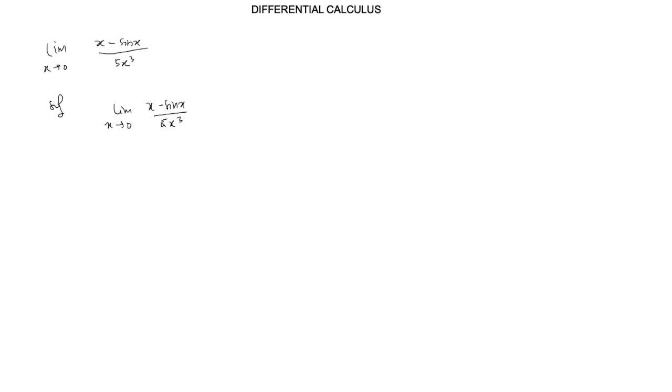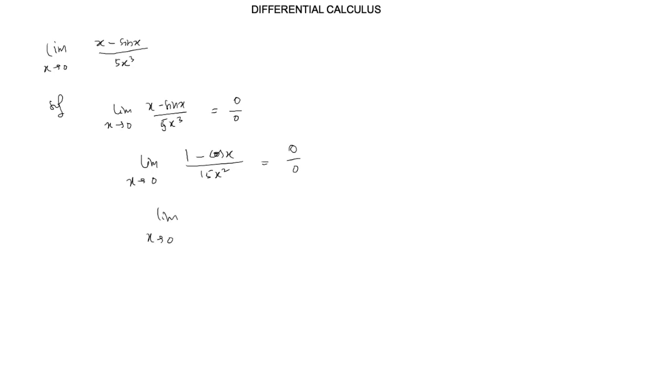Now when you substitute x as 0, you get 0 by 0, which is indeterminate form, and by applying L'Hopital's rule here we get limit x tends to 0, 1 minus cos x divided by 15x square.